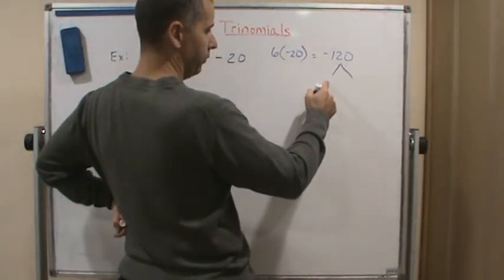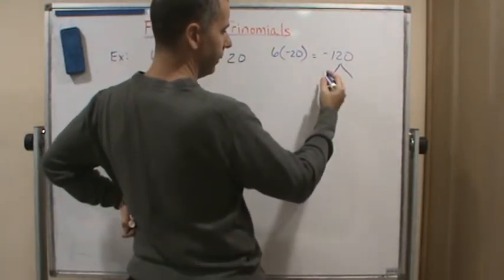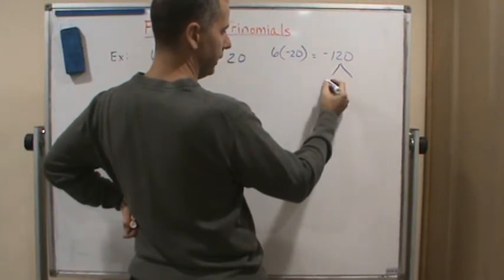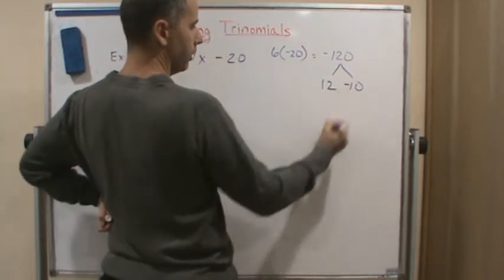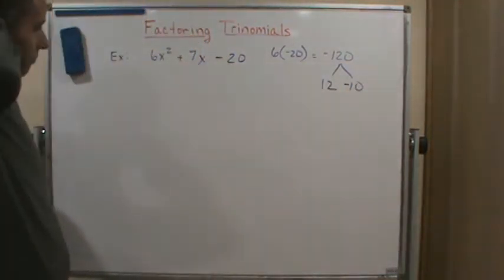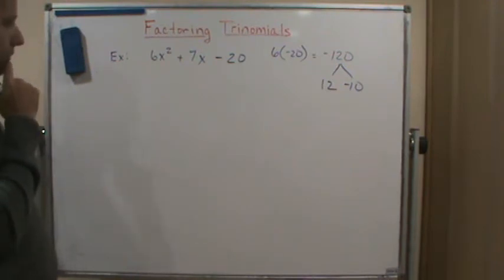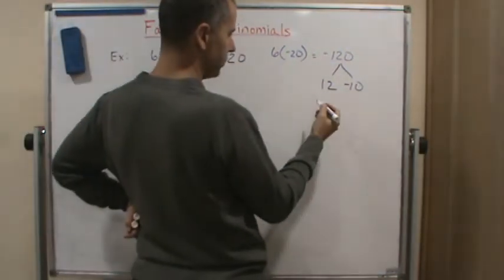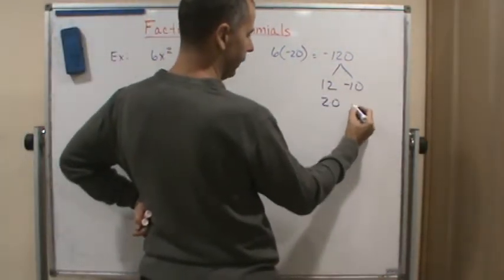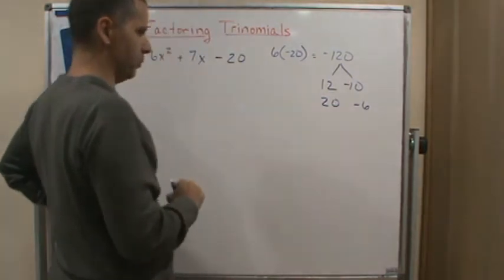We want numbers that are close to each other. So 6 and negative 20 doesn't work, or 20 and negative 6 doesn't work.